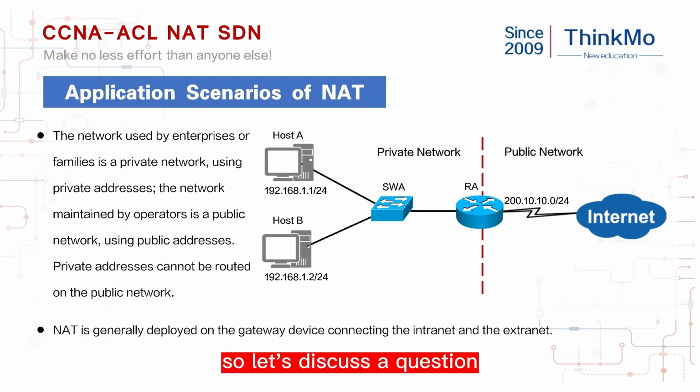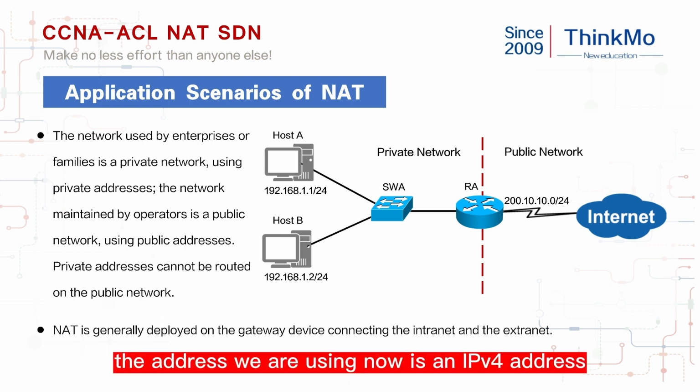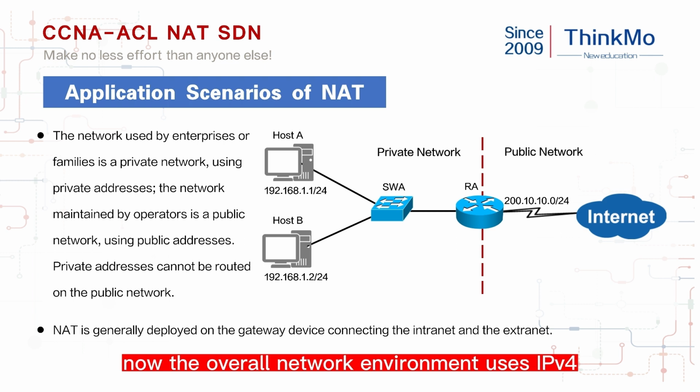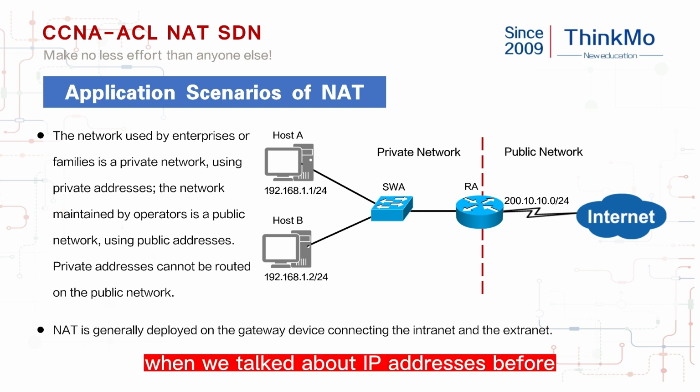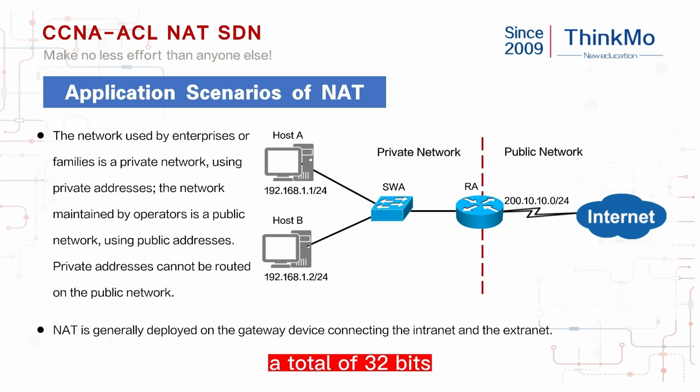So let's discuss a question. The address we are using now is an IPv4 address, and the overall network environment uses IPv4. Remember how many IPv4 addresses there are in the world? When we talked about IP addresses before, there are a total of 32 bits, and each bit has two values, 0 and 1.